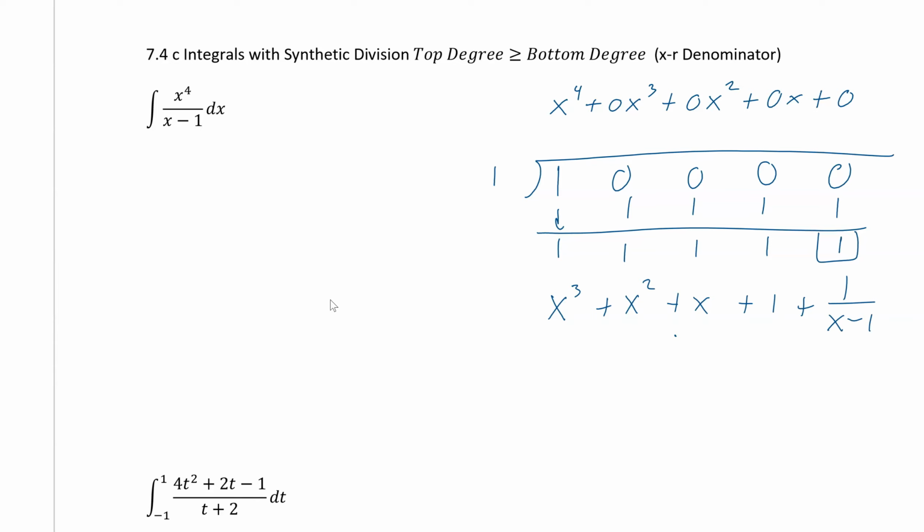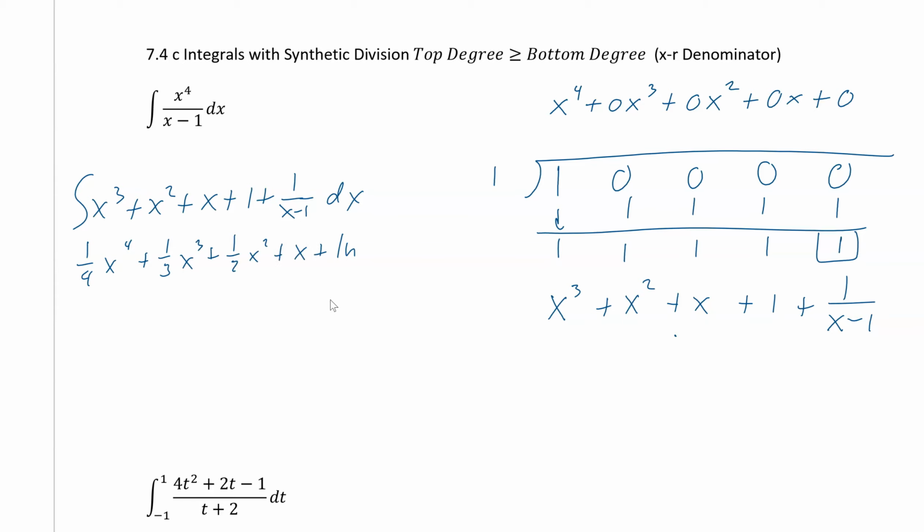And so by doing this quick little synthetic, we end up with x cubed plus x squared plus x plus 1 over x minus 1 dx. And then it's a quick integration from there. There we go. Nice, quick answer.